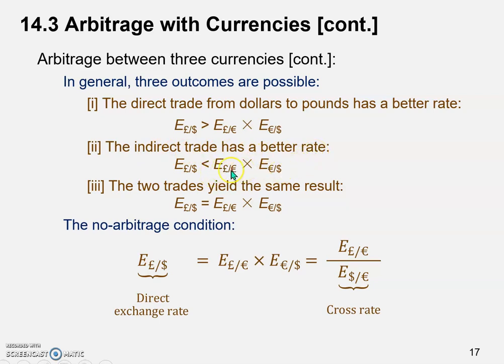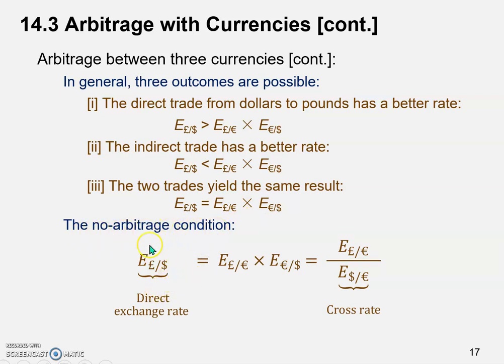So that means this product is going to be greater than this one. Or the third possibility is they're exactly the same. If they're exactly the same, taking either way won't make any difference. So there's no arbitrage opportunity in the third case, and that's why here we call this the no arbitrage condition.